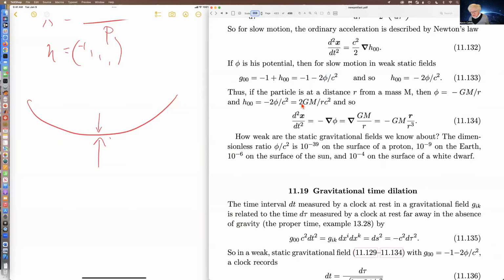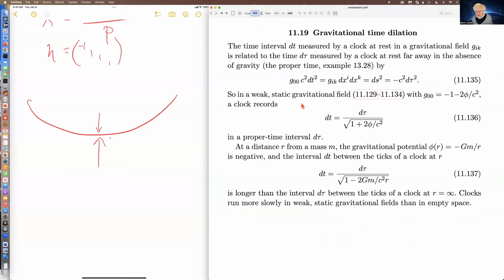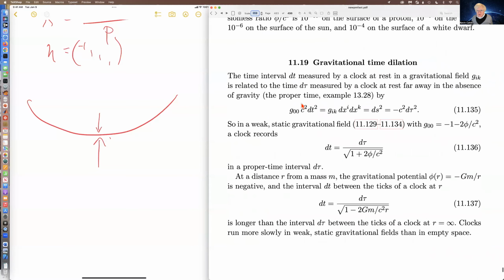Let me now go to this gravitational time dilation, which I misinterpreted last time. The equations that we were looking at were perfectly correct. I was just interpreting them incorrectly.